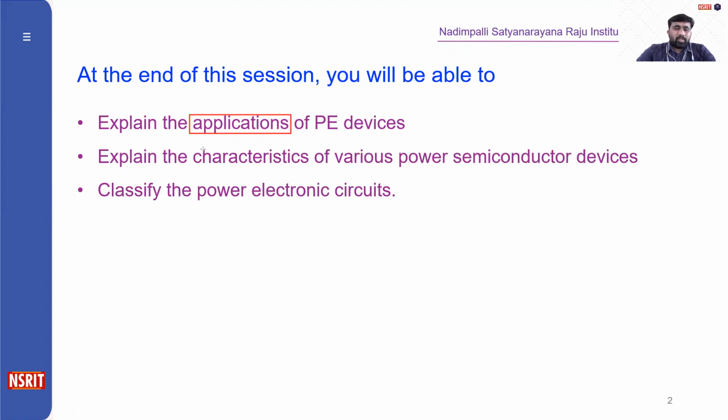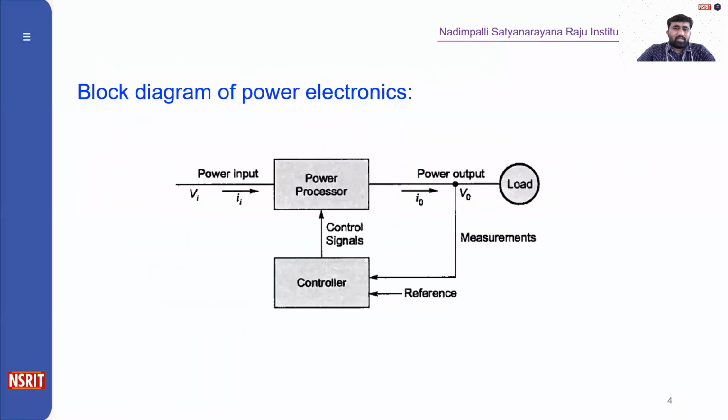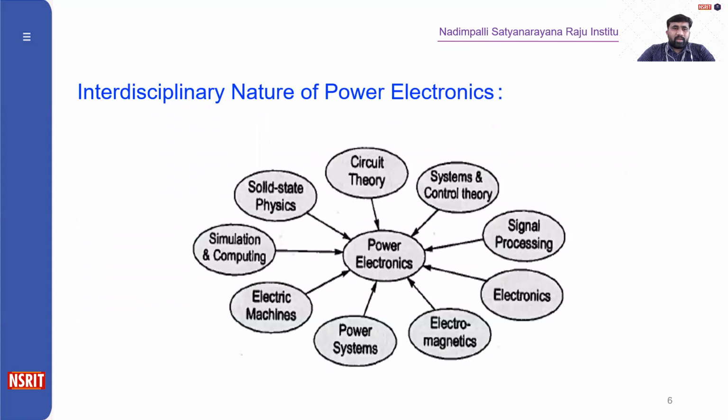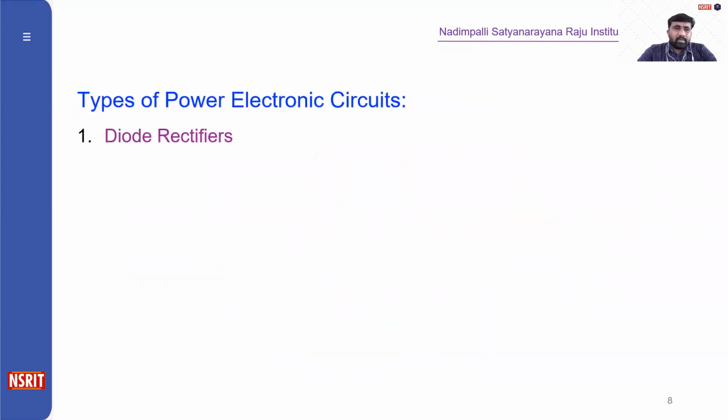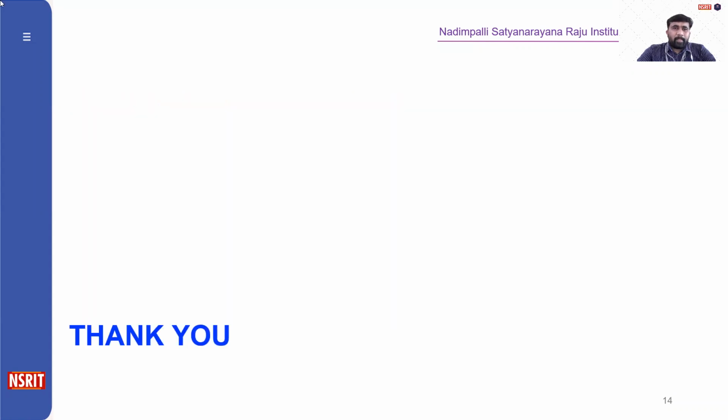We have seen the characteristics of the various power semiconductors, and the classification of power electronic circuits, how they are classified, and also the interdisciplinary nature of power electronics. Okay, the types of power electronic circuits.